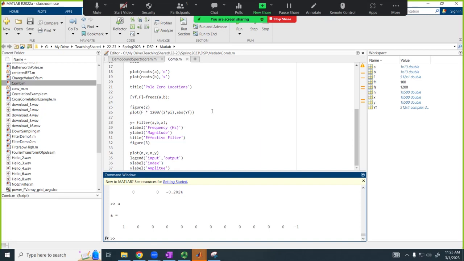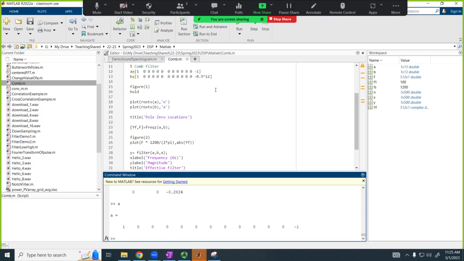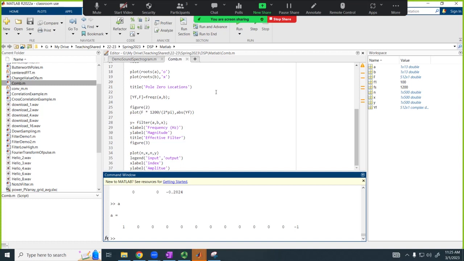Now what's not clear is the following. The frequency that is returned to me by freqz, I multiplied it by 1200 over 2 pi. Why did I do that? To convert it to hertz.